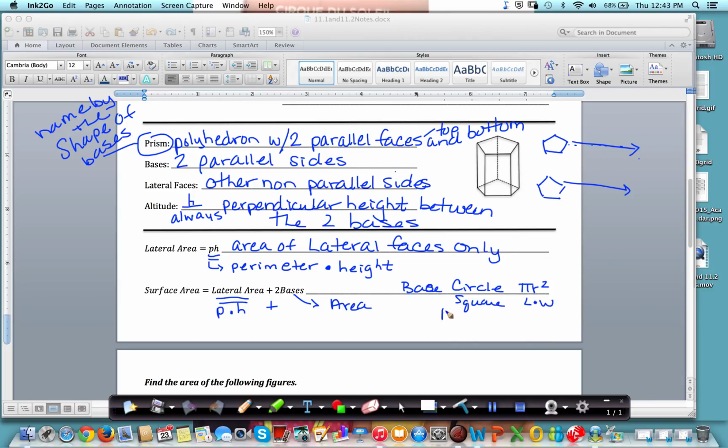If it's a pentagon or any other shape, I don't know why there's two G's in pentagon, then it's going to be one half the perimeter times the apothem. So the base area depends on what the shape is. It could be any one of these. All right. The next video is going to be the next page in your notes, which is going to help you find the area of these figures.